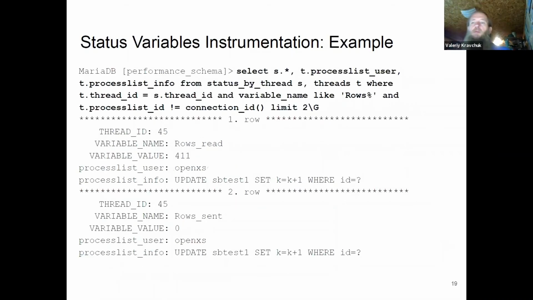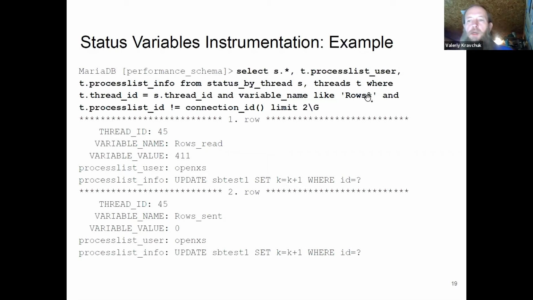As an example, this is how you use it in practice, again from a similar test run in sysbench. That's the example of how you have to join with threads. Here I am joined with the threads table by thread ID. And for a specific thread ID, what I care about is to show status variables not for my own connection. So I am checking that it's not for my current connection, but everything else.